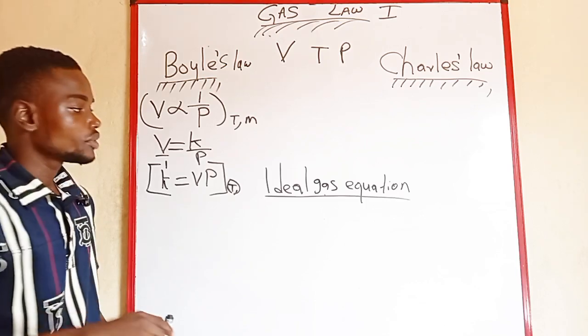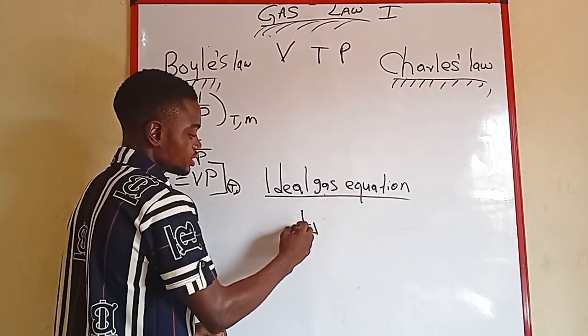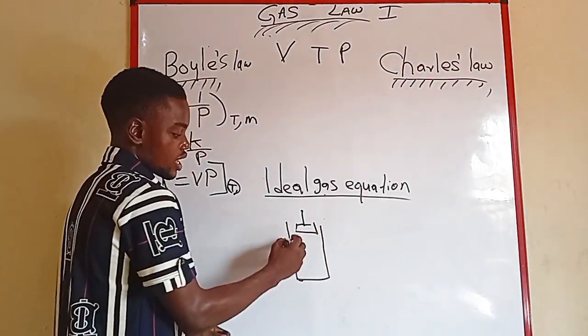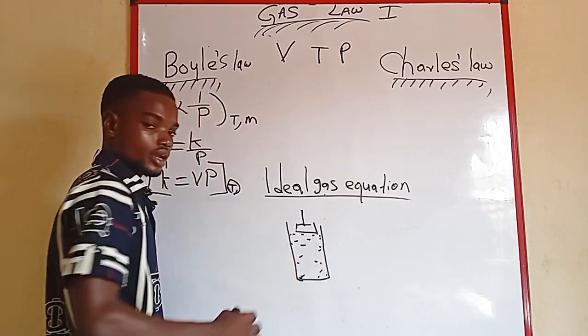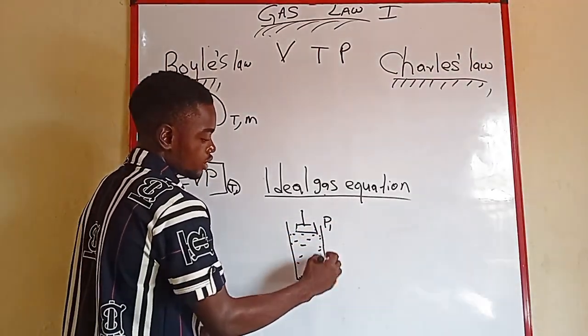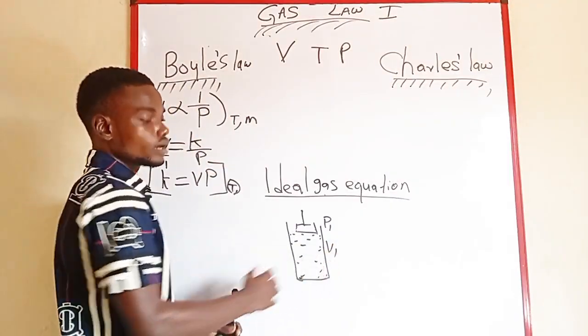Now we have two statements of fact. We assume, for example, let's say this is a pressure and this is a container over here, and we have the volume of the gas occupied at this point here. So this is our pressure, which is called P1 or the initial pressure, and the volume as V1 or the initial volume.